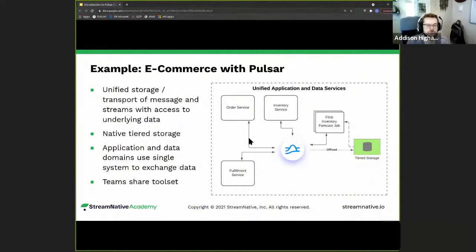So it allows our application domains and data domains to use a single system and more of a shared tool set. Once again, this is really the vision. The goal of Pulsar is to simplify architectures by having one system that can provide more capabilities.